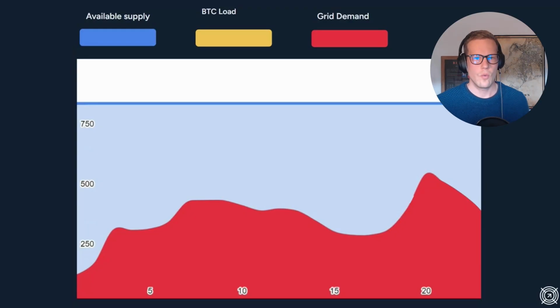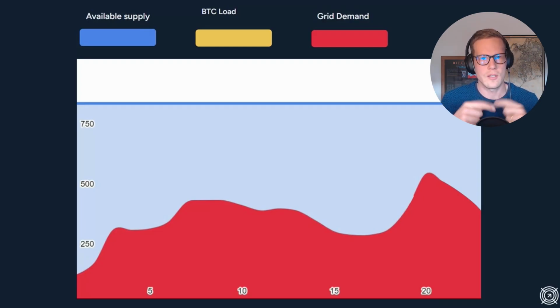Right. So what you see in front of you is me trying to explain this in a very rudimentary way. Again, what does stranded mean? This is resembling the example of a company like Gridless, which is mining on hydro. The blue line shows you what the theoretical electricity supply is. This is water running down a mountain that's being partly funneled through a turbine to then spin and produce kilowatt hours that can then be consumed in the grid.